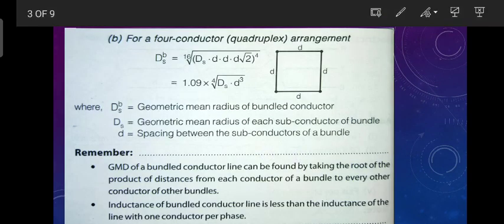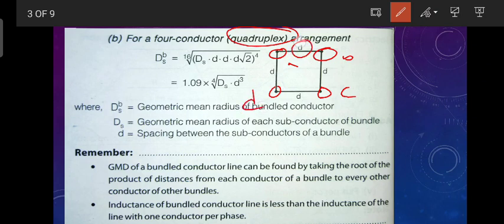That is for 4 conductors, which means quadruplex. Quadruplex means 4 conductors placed. Let conductor A, conductor B, conductor C, conductor D be equally placed at a distance d.